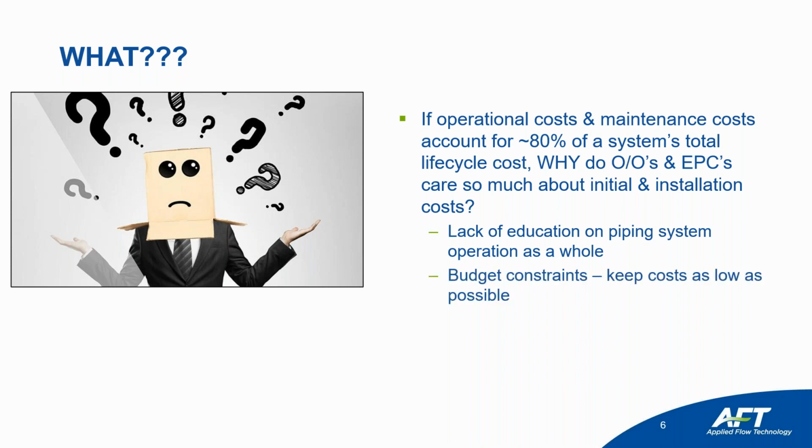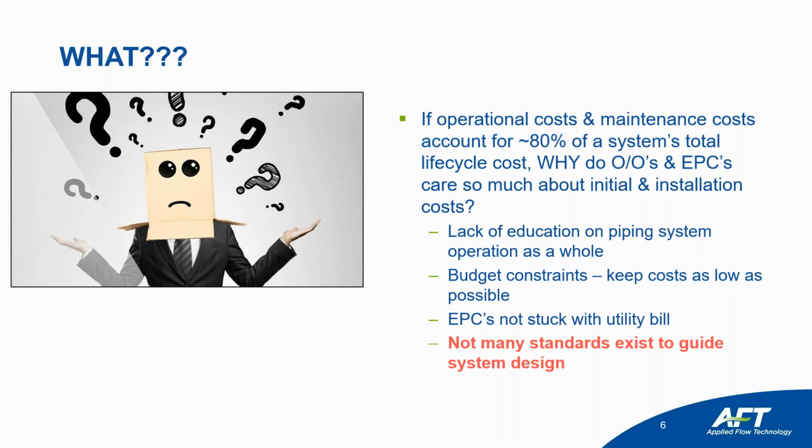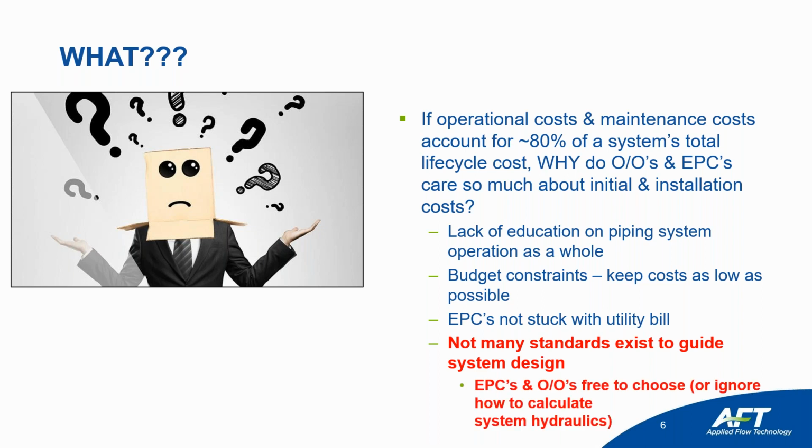Other reasons are simply budget constraints. The engineering companies are usually not stuck with the utility bill, and overall, there aren't any standards really that guide system design. I mean, yeah, there are rules of thumb out there, but when it comes to flow analysis, companies are free to choose if they even do hydraulic calculations. Now, I obviously highly recommend that you do the hydraulic calculations and spend the time to do a flow analysis.